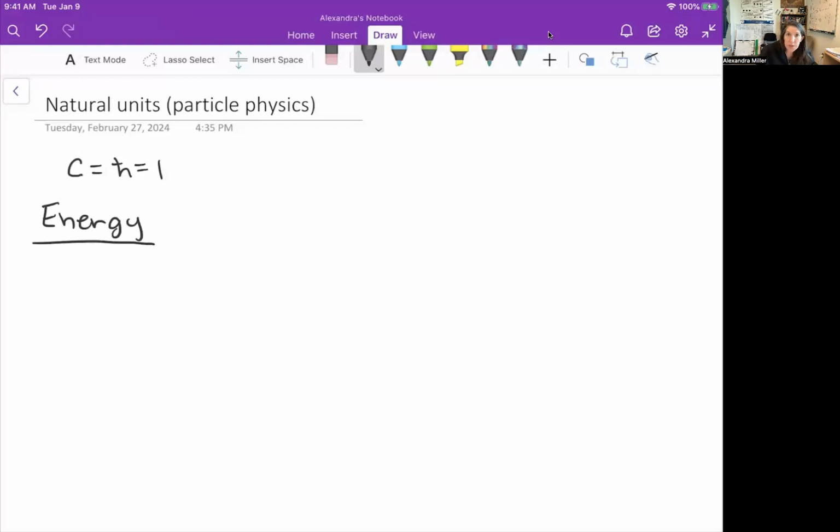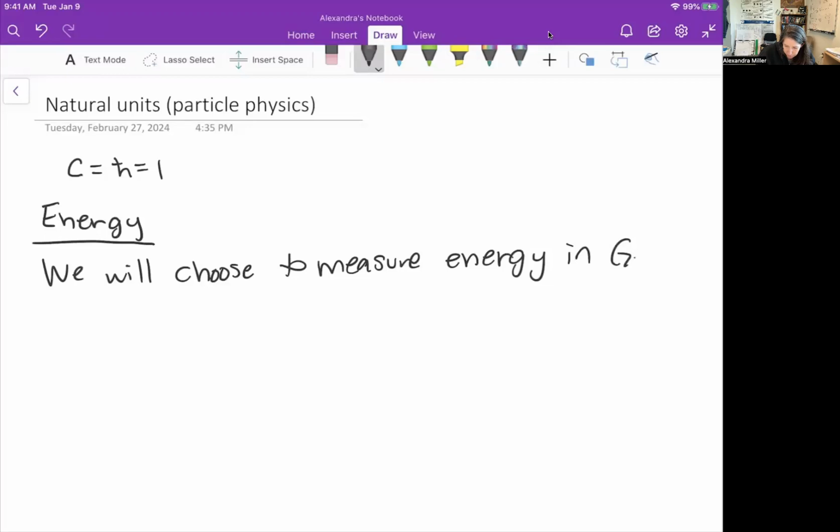All we're going to choose is a particular unit for energy that's useful in particle physics. So we will choose to measure energy in GeV.